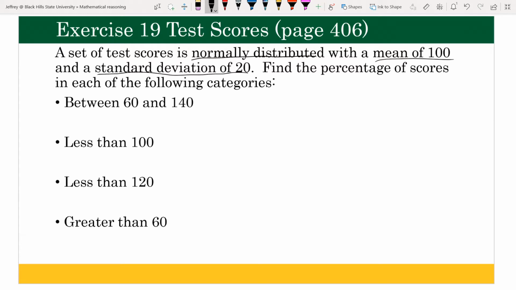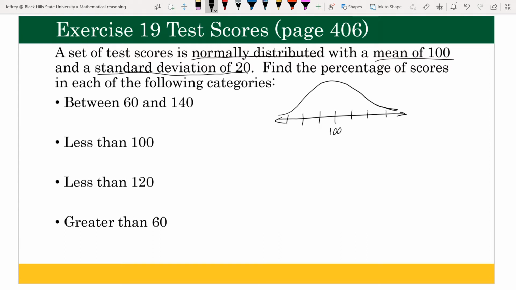So what I like to do first before I go through any of these problems is draw out the normal distribution curve. So I know that if I go 1, 2, 3 standard deviations out, this third line away from the mean should be where the curve almost touches the number line.